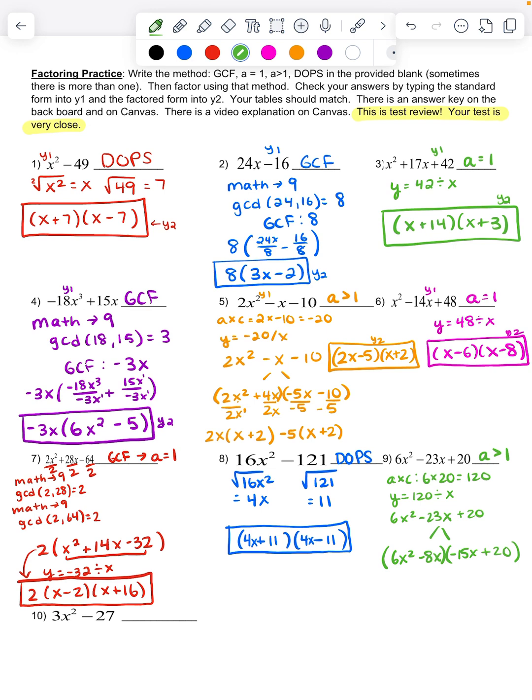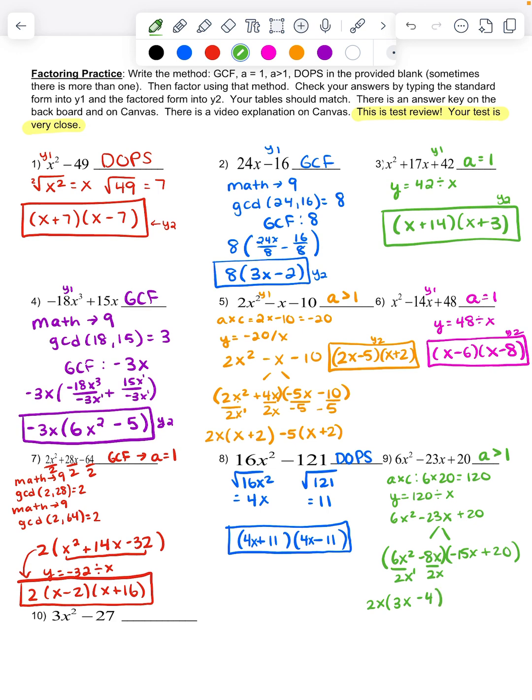And I'm going to find the GCF, so you could do a math, arrow to the right, 9 of 6 comma 8. And I know that I can divide a 2 out of both of them, and they both have at least an x. So I'm going to take a 2x out. 6 divided by 2 is 3, and then when I subtract 2 from 1, I get 1, but I don't need to write that 1. Negative 8 divided by 2 is negative 4, and these x's cancel out.